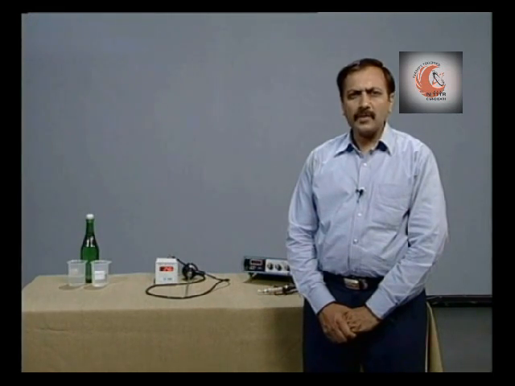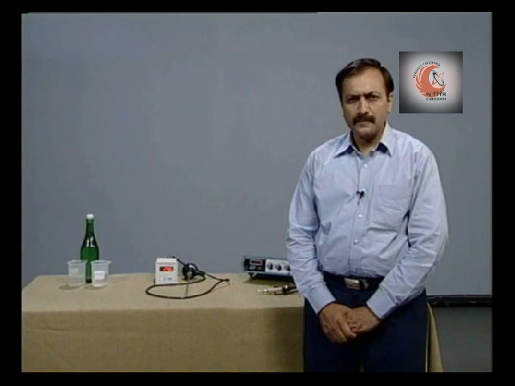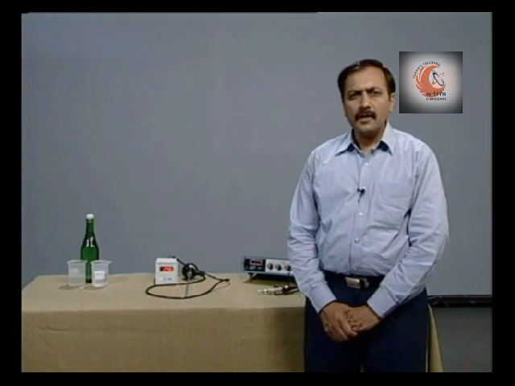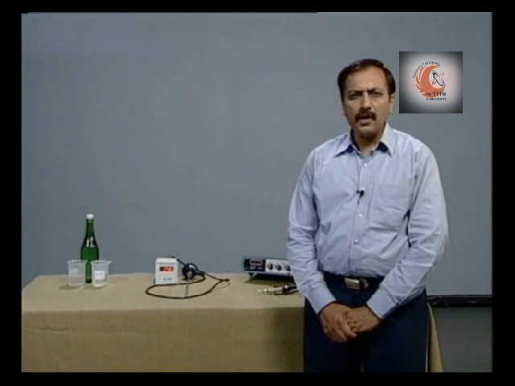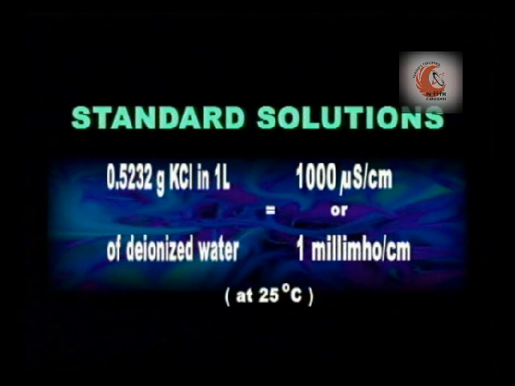It is advisable to check the accuracy of the instrument at suitable intervals. This is done by measuring the conductivity of a standard solution of known concentration. Prepare standard solution by dissolving 0.5232 gram of potassium chloride dried for 1 hour in 1 liter of deionized water.